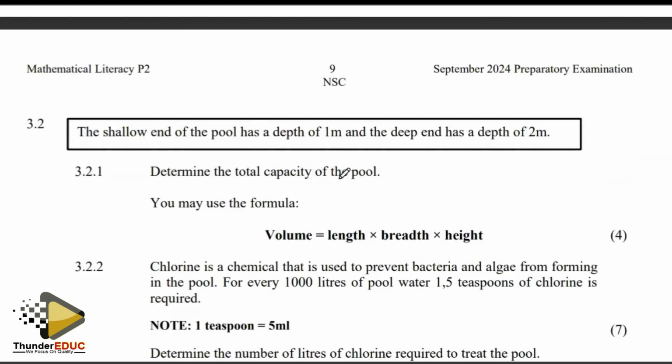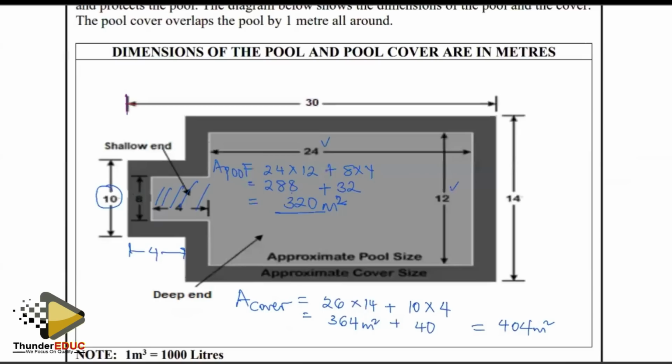Determine the total capacity of the pool. We use the following formula. Total capacity. The shallow end has 1 meter, and so we are going to do what? Because it's split into two. So since it's volume, allow me use the pool or the diagram where we are, and that you understand what we are dealing with.